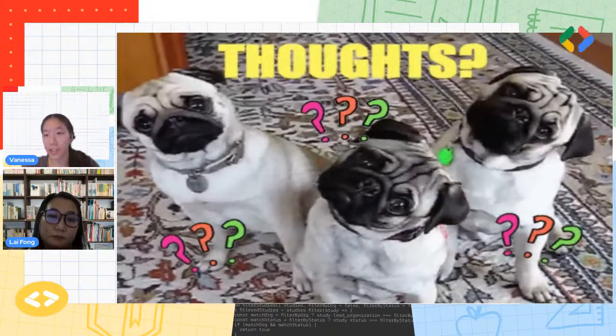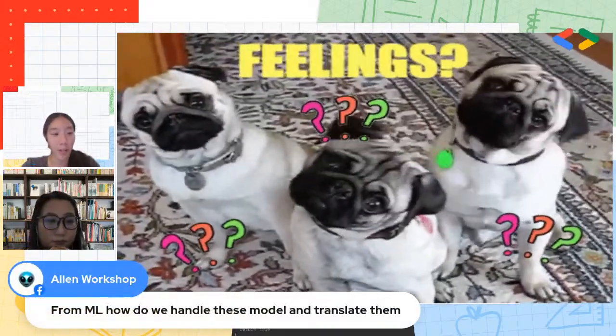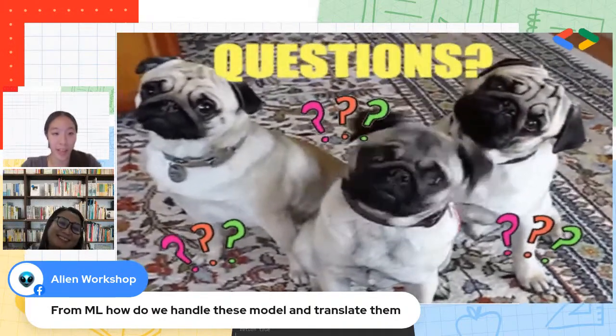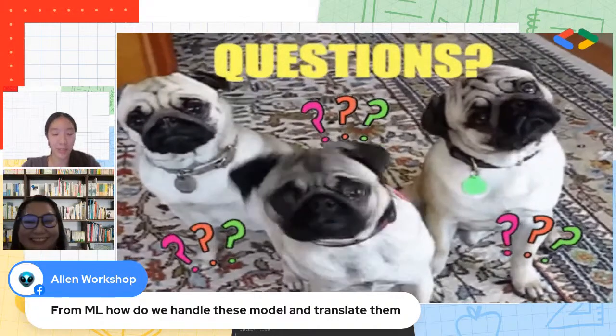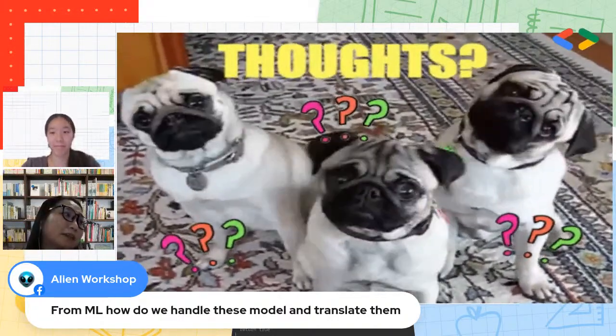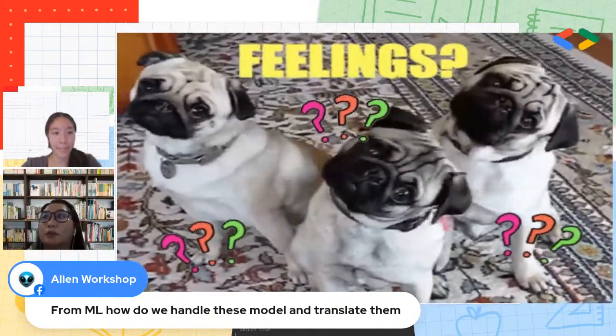Okay. The next question, asked previously by Alien Workshop: from ML, how do we handle these models and translate them? Yeah, this is the most challenging part. It started quite a few years back already.